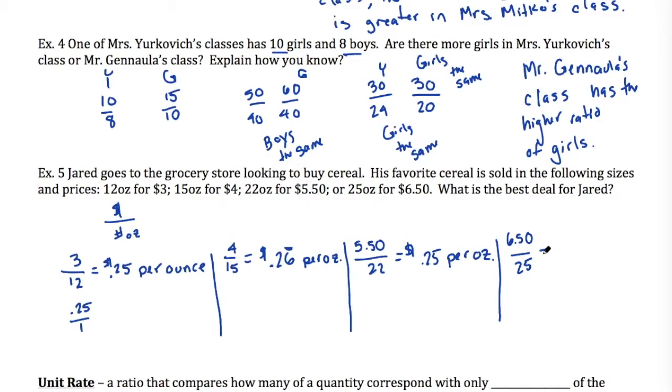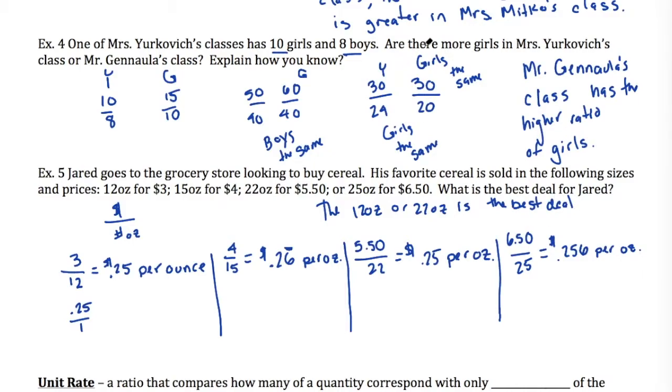Great. So when we divide that, we get 0.25, but if we keep going one more place, it's 0.256. So if we rounded up, it would be about 26 cents per ounce. So this one is, again, not the least expensive per ounce, so it's not the best rate. So we can conclude that the 12 ounce or the 22 ounce is the best deal.